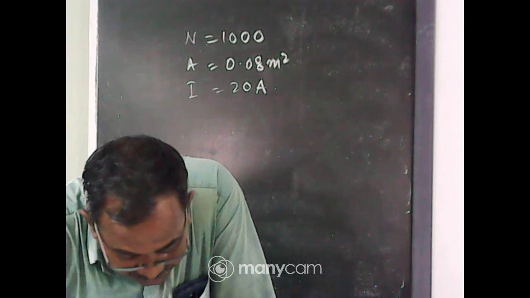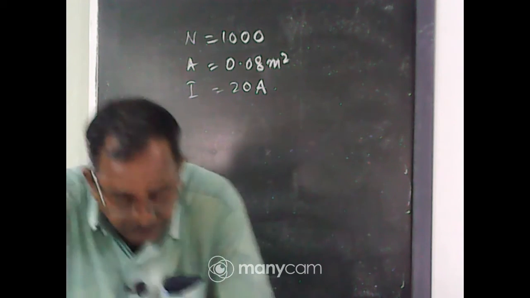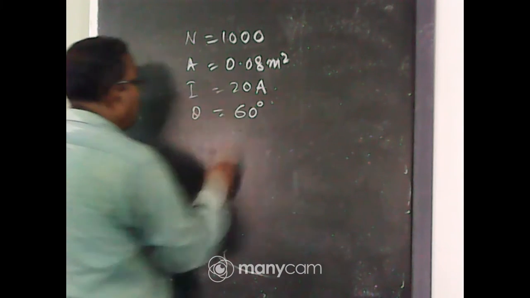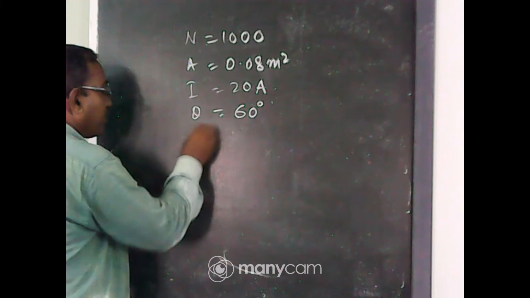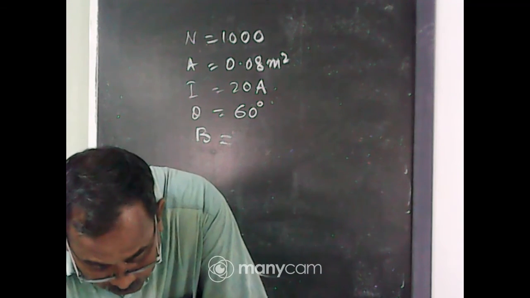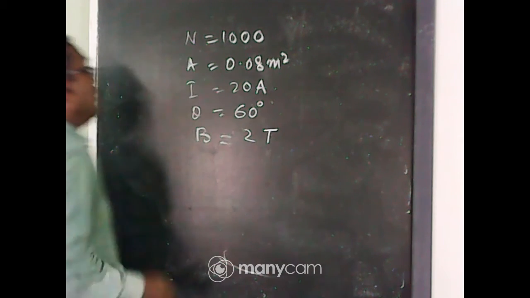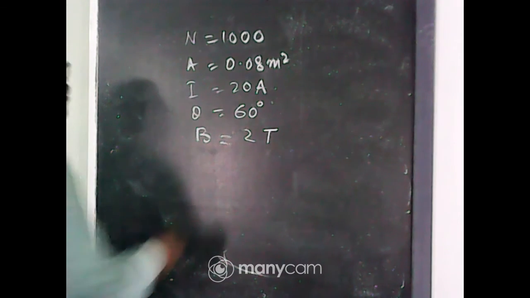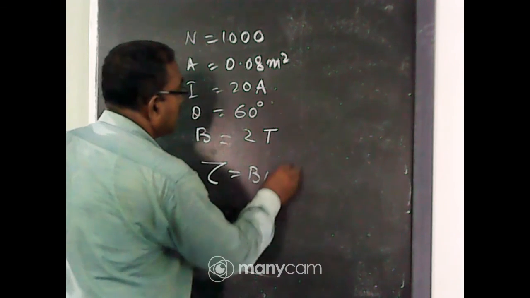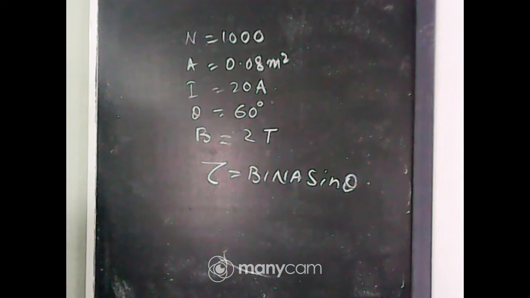When placed making an angle 60 degree with the magnetic field, B equal to 2.0 Tesla. So what is the value of torque? The formula is this.